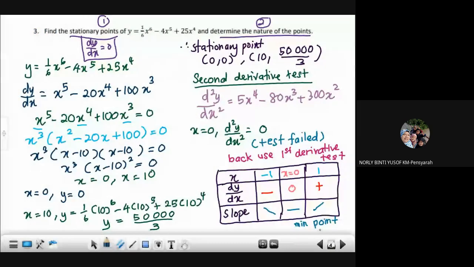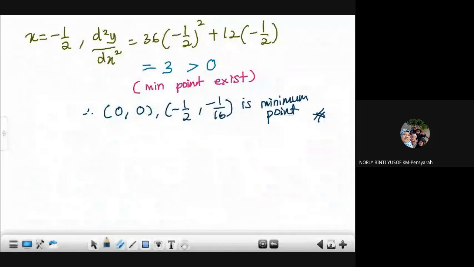Tapi nanti dalam tutorial mungkin akan dapat maksimum, mungkin akan dapat inflection point based on your table when you sub the dy/dx. Okay, kalau you dapat negatif maksudnya turun-turun inflection lah kan. Kalau sini positif negatif, so akan jadi senyuman tu akan jadi masam lah kan. So that is maximum point. So that's all for 1.4.